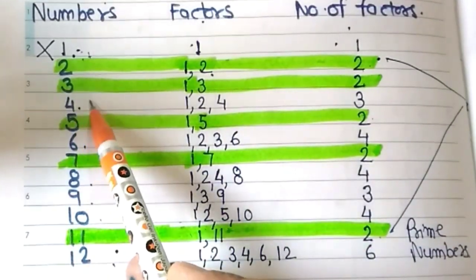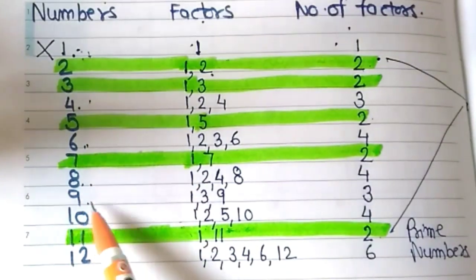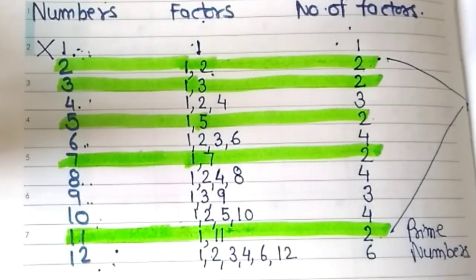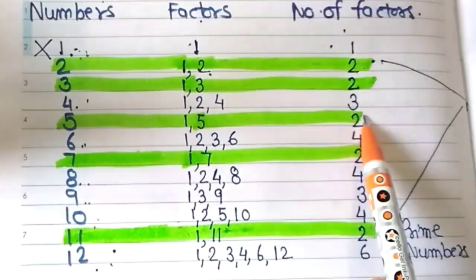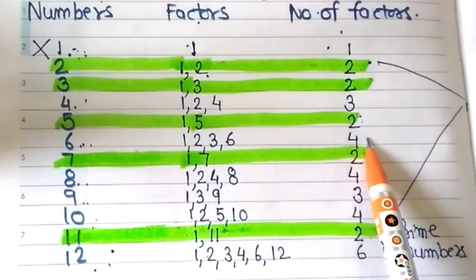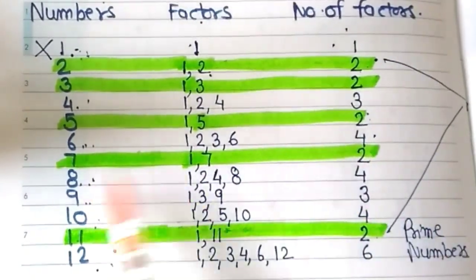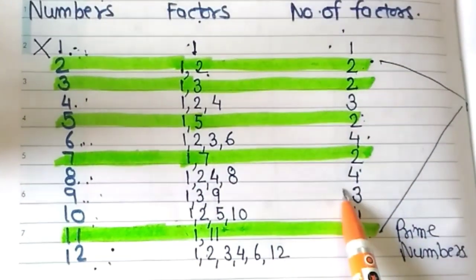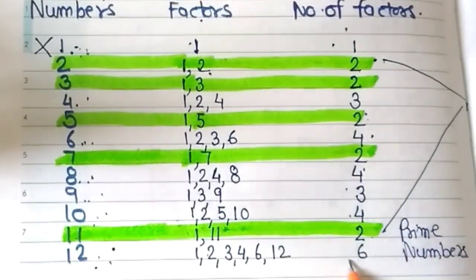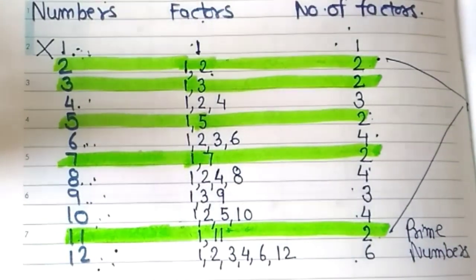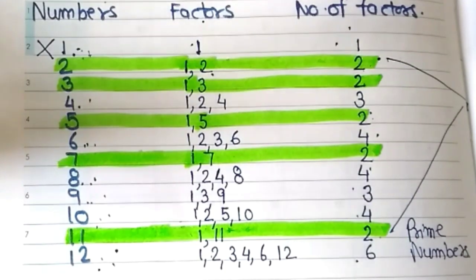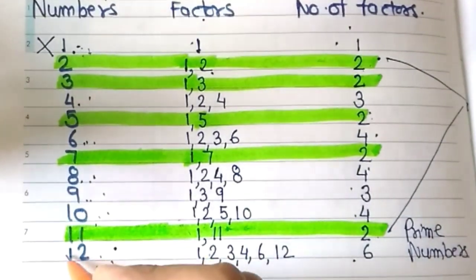The factors of these numbers are more than 2, right? 4 has 3 factors, 6 has 4 factors, 8 has 4 factors, 9 has 3 factors, 10 has 4 factors and 12 has 6 factors. So we can say that these numbers have more than 2 factors. So if a number has more than 2 factors, this number is called a composite number.